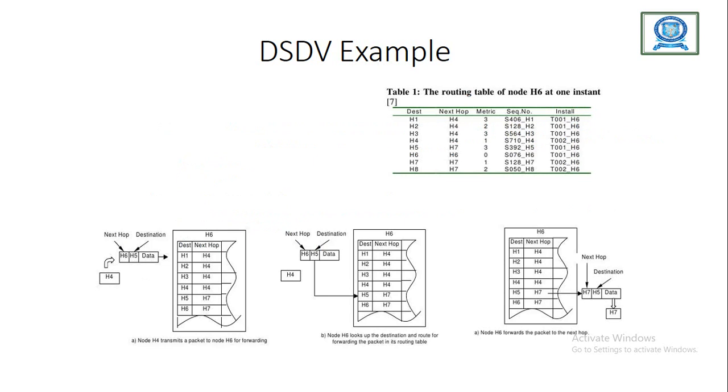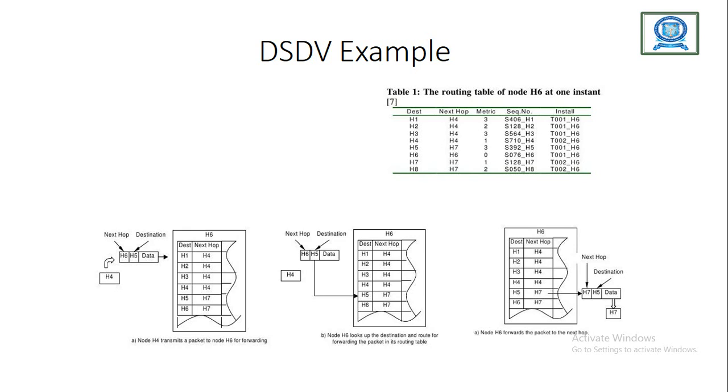The first table shows the routing table of node H6 at one instant. In this instant we see destination H1, the next hop is H4, and the metric is 3. For destination H2 the next hop is H4 and the metric is 2. Destination H3, next hop H4, metric 3.